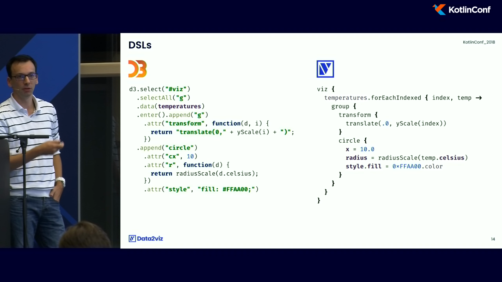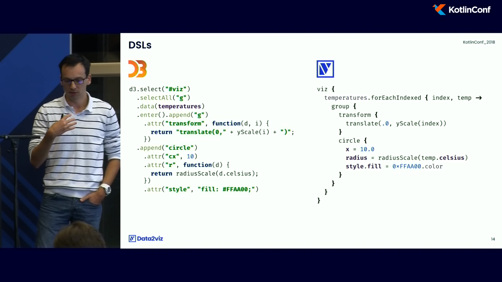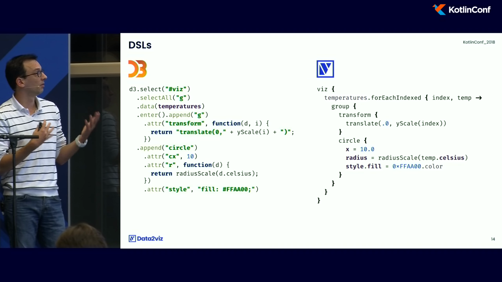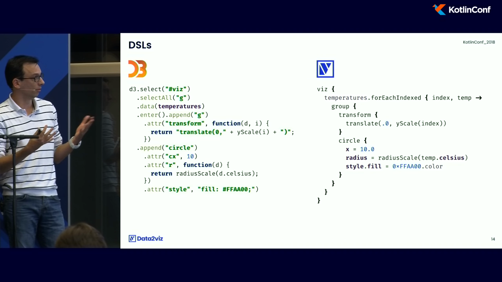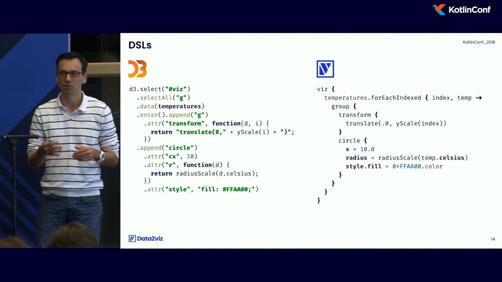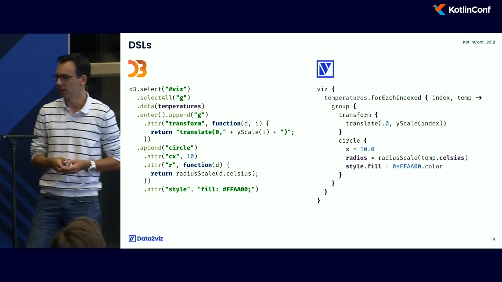The translate function will take two numbers and will translate your code. So it's also an easy way, even if you do not know our library or data visualization, it's an easy way to discover it step by step just by using your code editor and auto-completion.